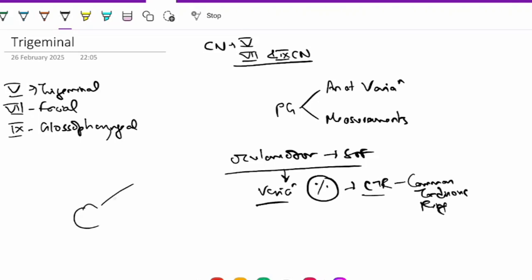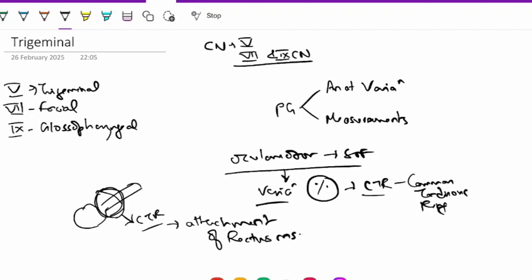So the superior orbital fissure looks something like this. In the center there is the common tendinous ring, CTR, which is responsible for attachment of your rectus muscles. For more detail on what the rectus muscles are, you can watch our previous video on the third, fourth and sixth cranial nerves.